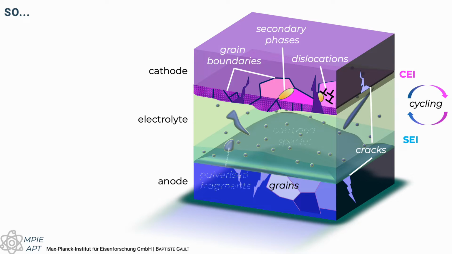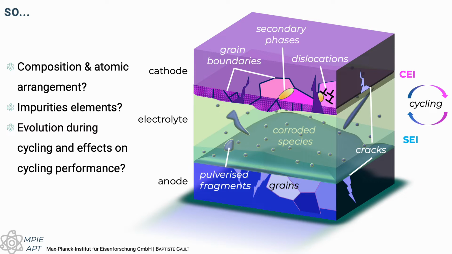And all of these grains can also turn out to be removed completely from the sample, interact with the electrolyte, and ultimately, the way the atoms are arranged, the composition of these different electrodes, the presence of potential impurities, and the evolution of all of this over the course of the charging, discharging cycles must have an effect on the physical properties, and hence on the cycling performance.